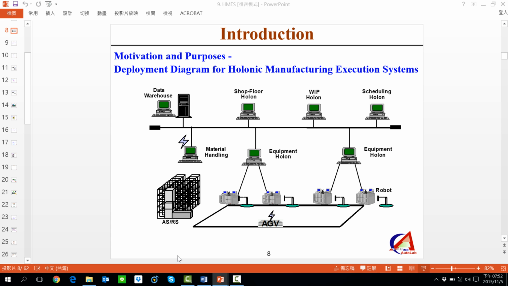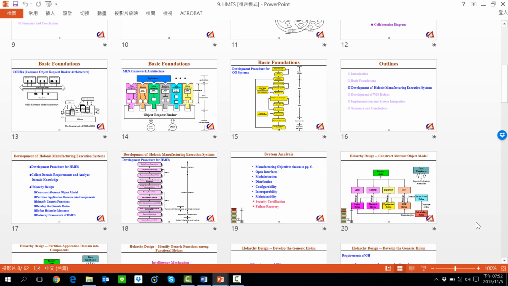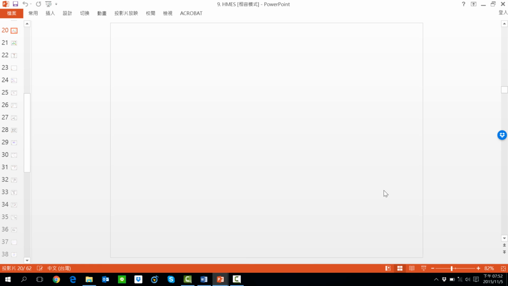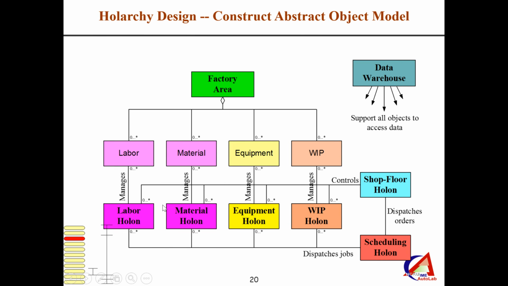message flow. But after you draw the diagram shown in this class diagram, okay, then you will know that this gives you more information of the MES, how to operate the MES, how the operations of MES work, right?